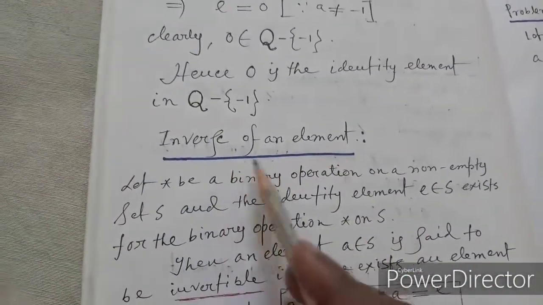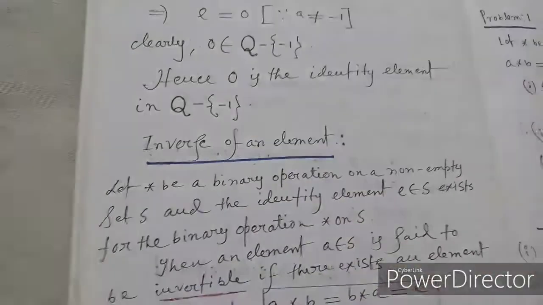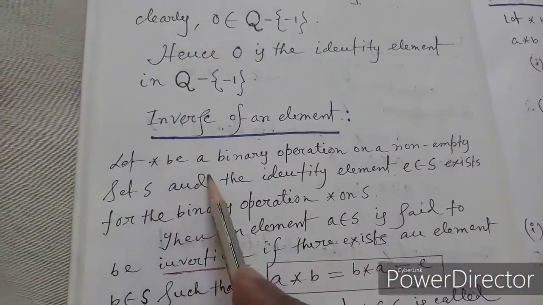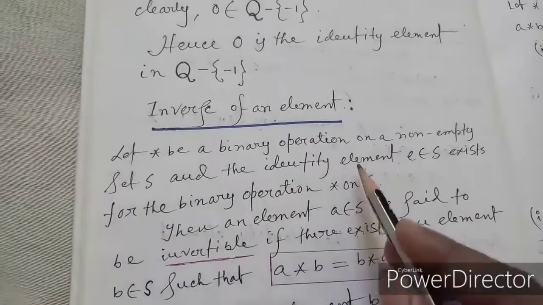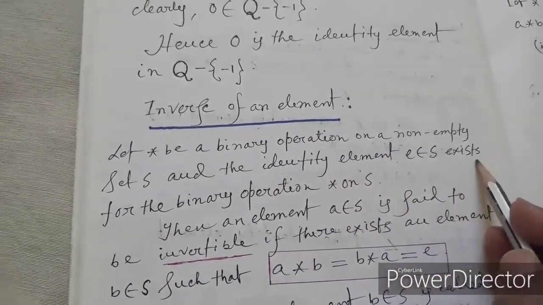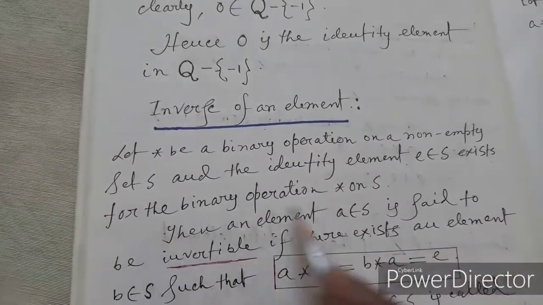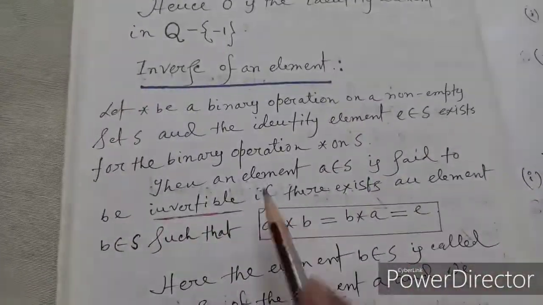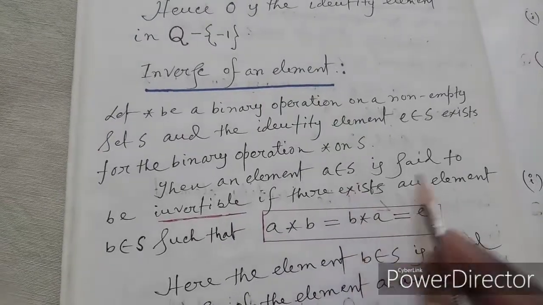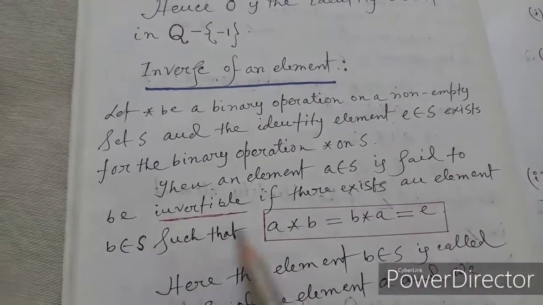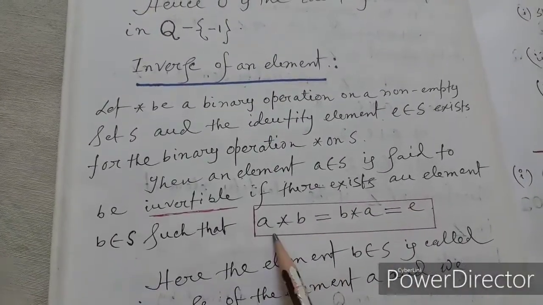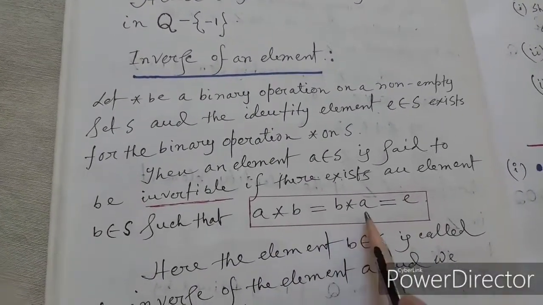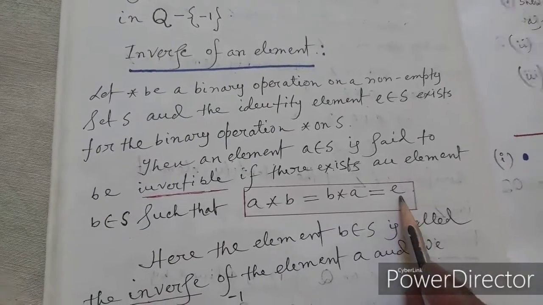So now another topic is called inverse of an element. Let star be a binary operation on a non-empty set S and the identity element e belonging to S exists for the binary operation star on S. Then an element a belonging to S is said to be invertible if there exists an element b belonging to S such that a star b equals b star a equals e, the identity element.